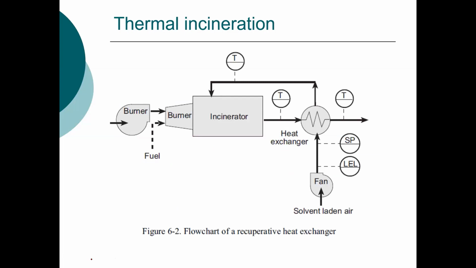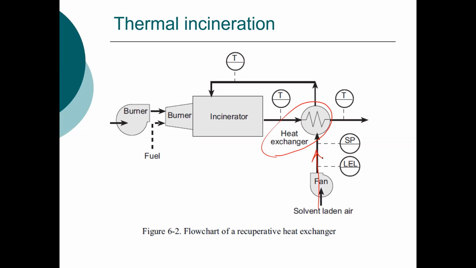We can also operate these to recover heat. So you see a heat exchanger here. Rather than wasting that heat, we can use a heat exchanger to heat the gas to be treated. So you can see here's our gas to be treated.